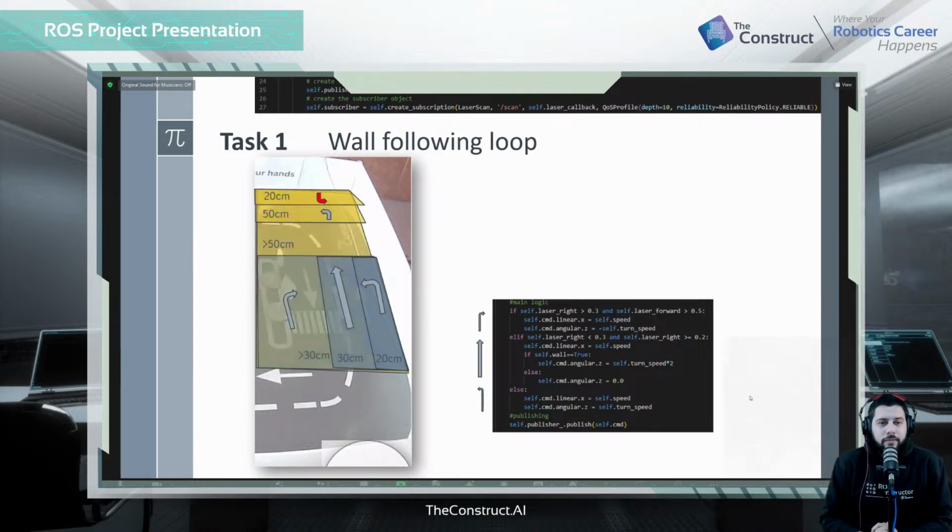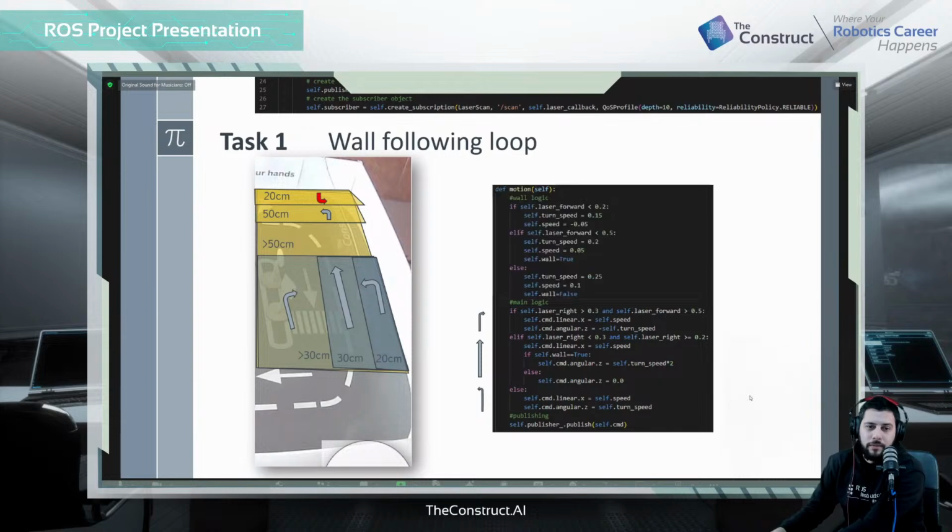So we need some additional layers of having a sharp turn to the left. And here we can see that the logic is quite similar, just now using the laser that is pointed to the front. Well, I could say the laser index.